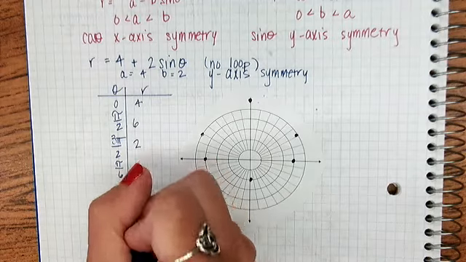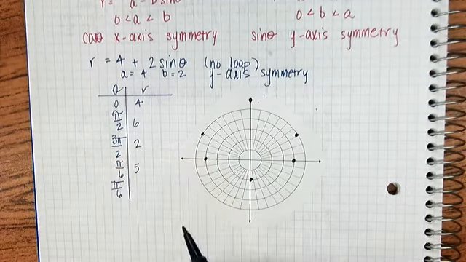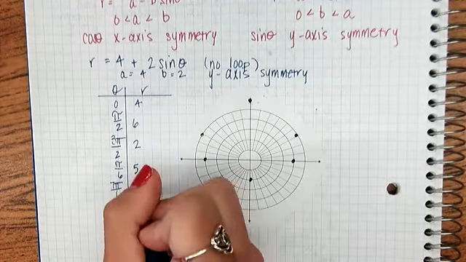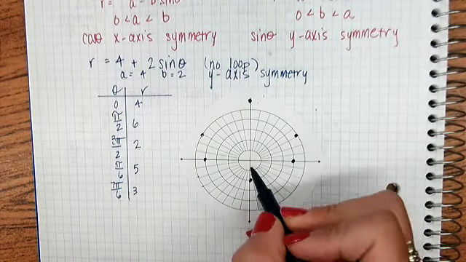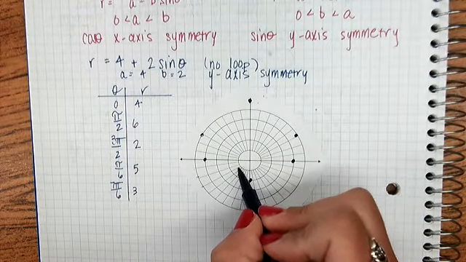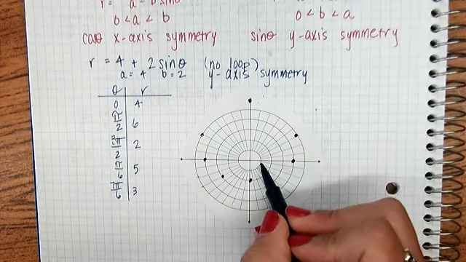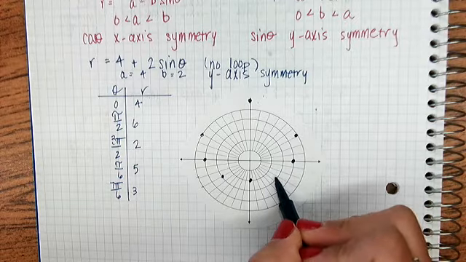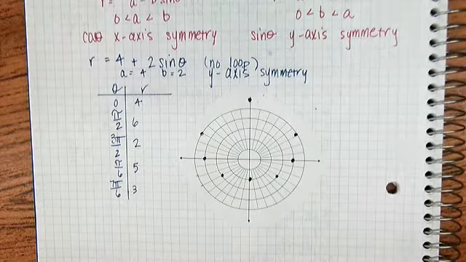So how about 7 pi over 6? That would be -1/2, -1. This is going to be 3. 1, 2, 3. 1, 2, 3. Okay.